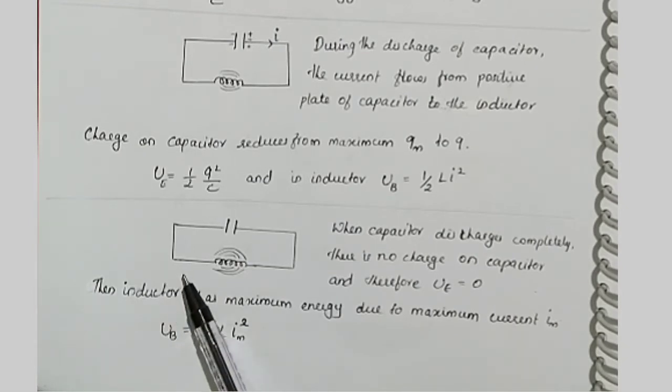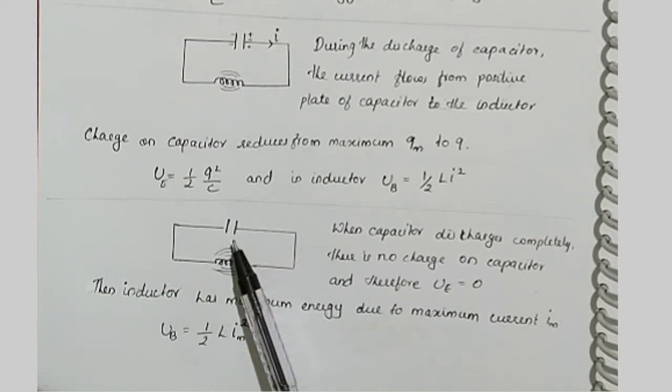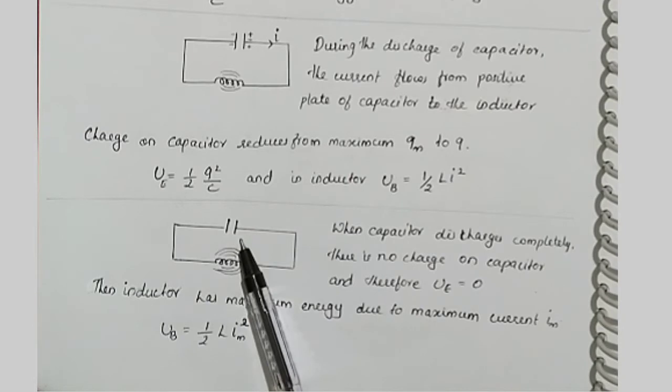So at the time when the capacitor discharges completely, the maximum energy is the magnetic energy, which is half L Im square, and the electrical energy in the capacitor is 0 at this instant.